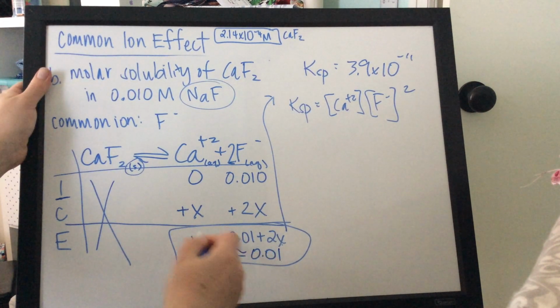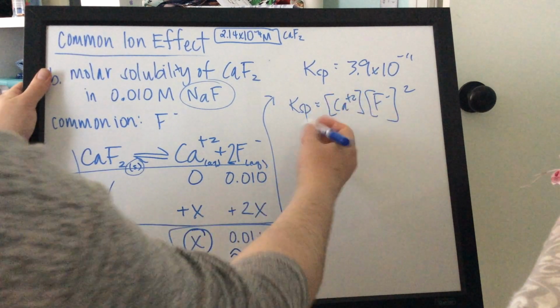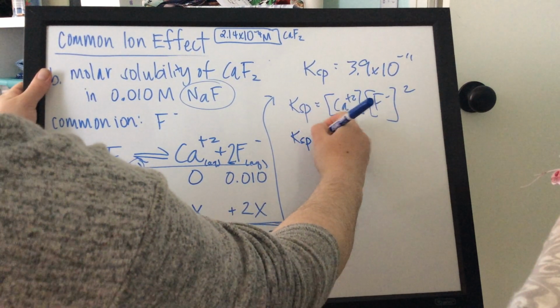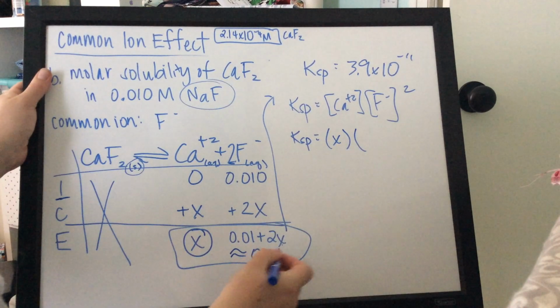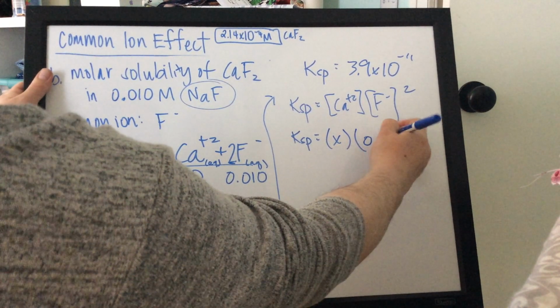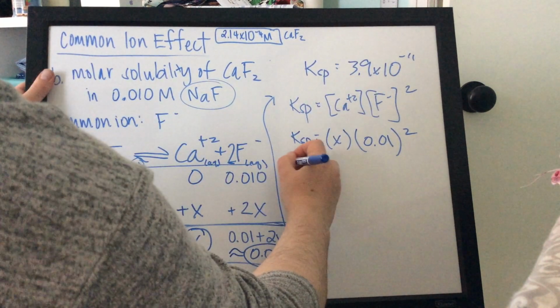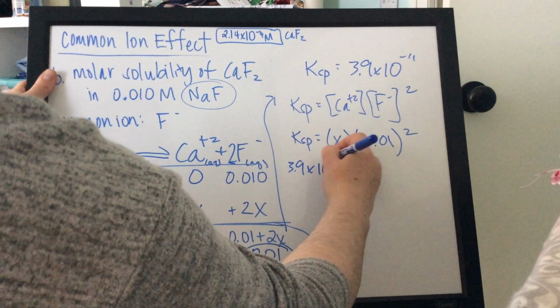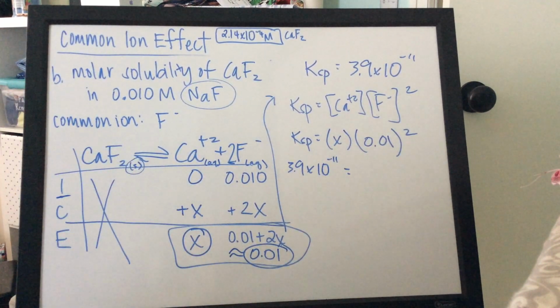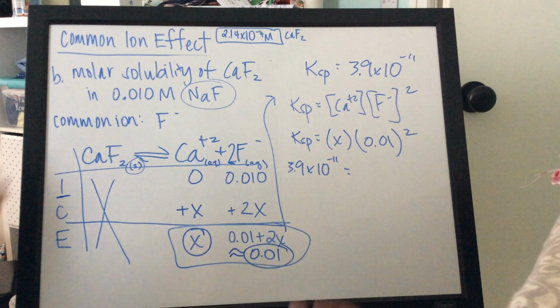Now, plugging in my X for my calcium and just my 0.01 for my fluorine concentration, I no longer have this issue. Since I know KSP, I no longer have a quadratic equation or anything like that, and it makes this so much easier.